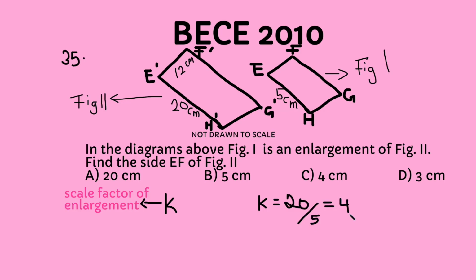Our scale factor will be K is equal to 20 divided by 5 to give us 4. Now that we know that our scale factor is 4, in this example, you do realize that figure I is smaller than figure II, right? So whatever answer we're going to get for EF, it's going to be the smaller version of 12 centimeters. We're going to have 12 divided by 4 giving us 3 centimeters as our answer for EF.